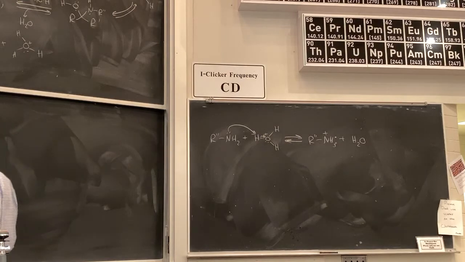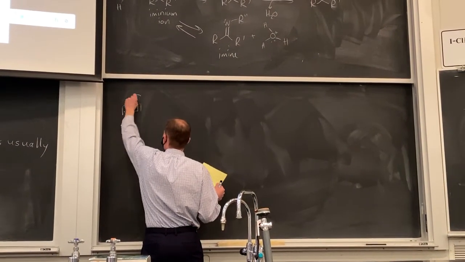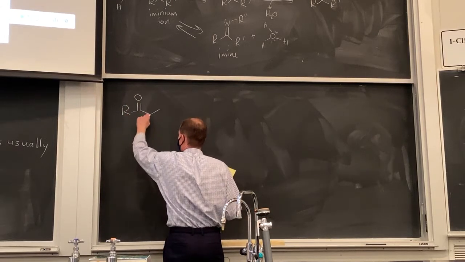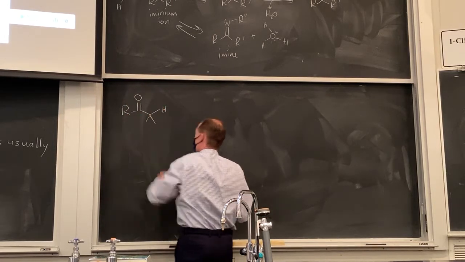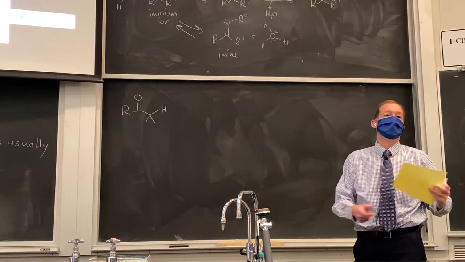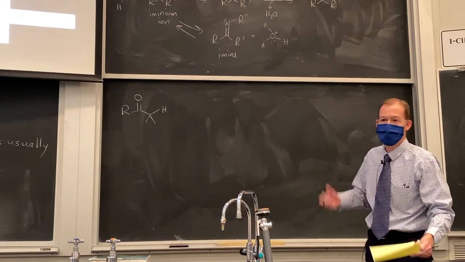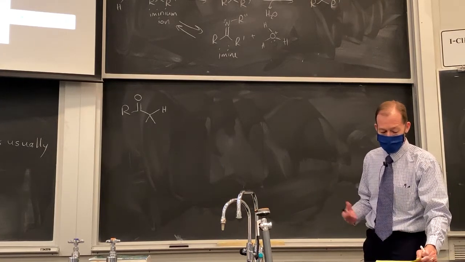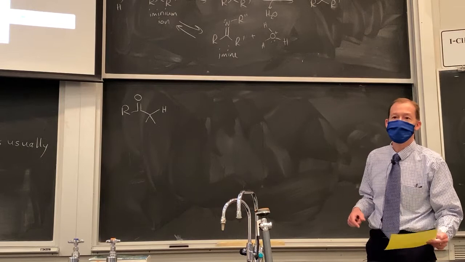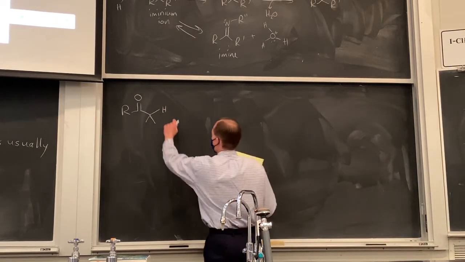And we also need at least one alpha hydrogen on our carbonyl compound. So we'll draw it like this. These groups could be alkyl groups, they could be hydrogens, it doesn't really matter, but we have to have at least one alpha hydrogen in order to react our carbonyl compound with a secondary amine.